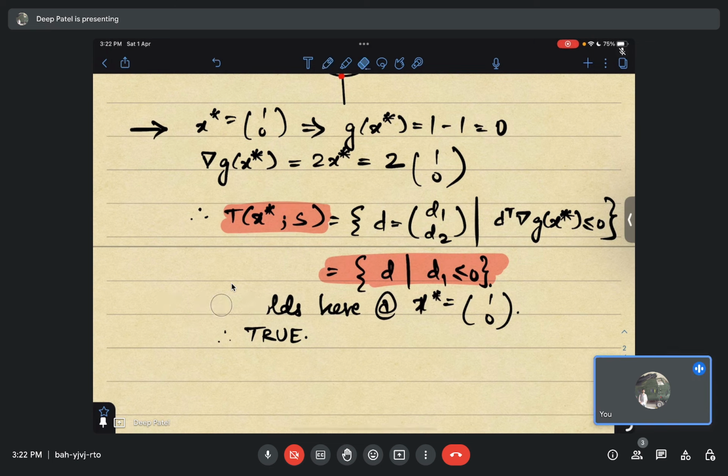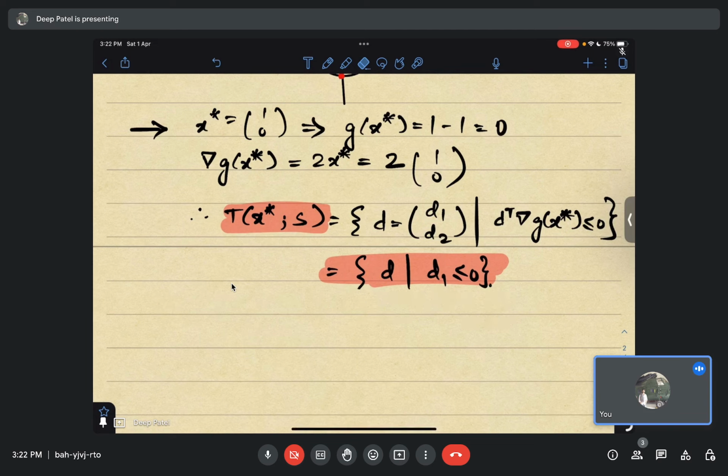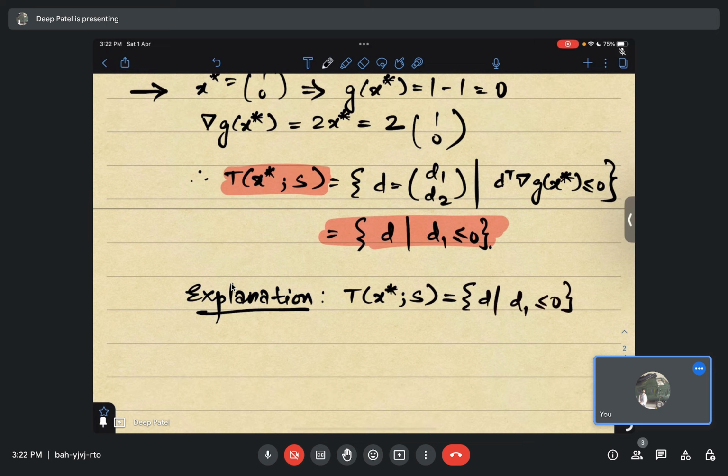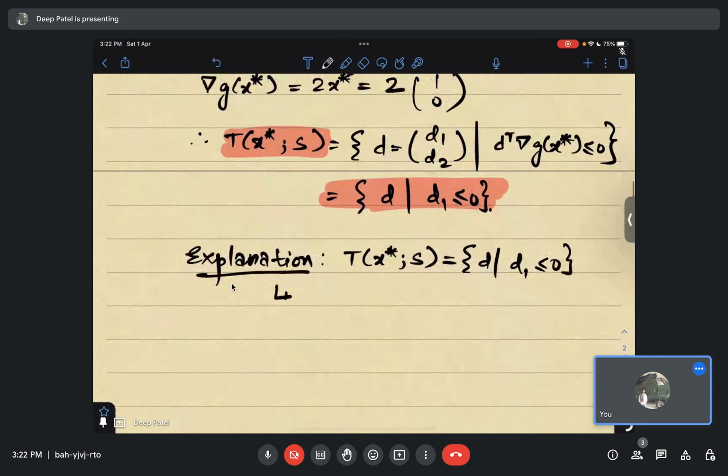Yeah, so maybe what I'll do is I will explain it like this. I'll just write an explanation. So what we really want to prove is, okay, so what we will prove is, let's say D at x star.